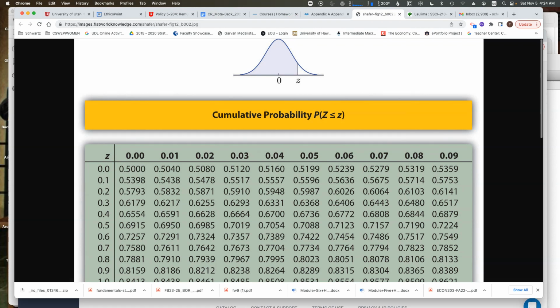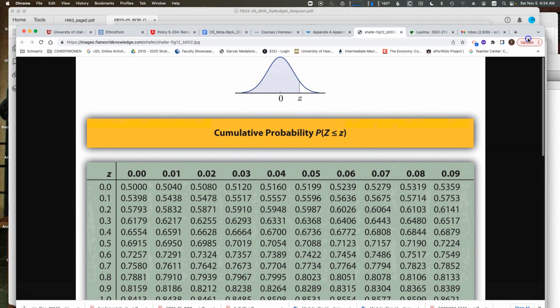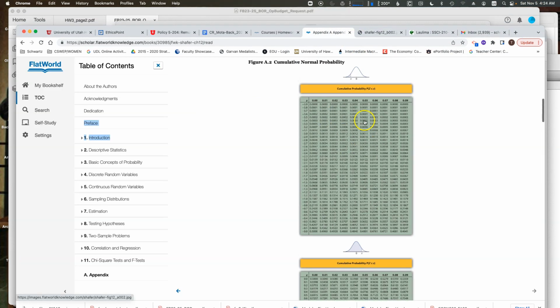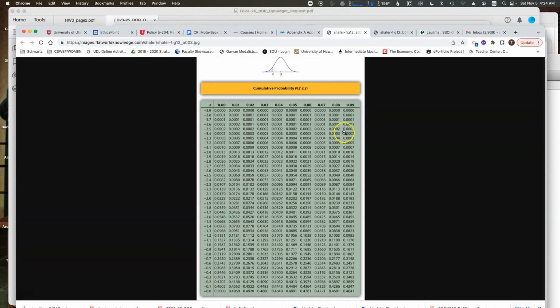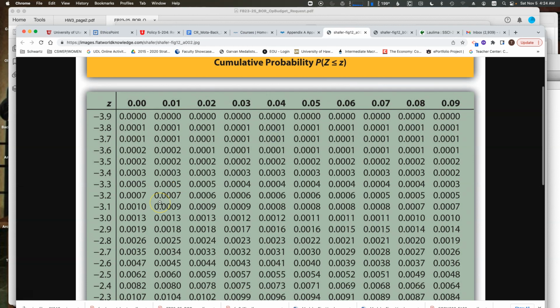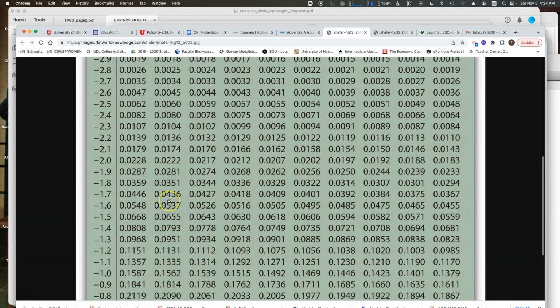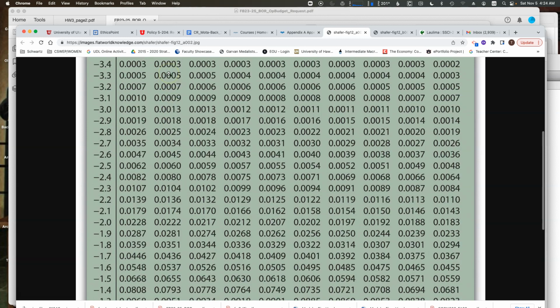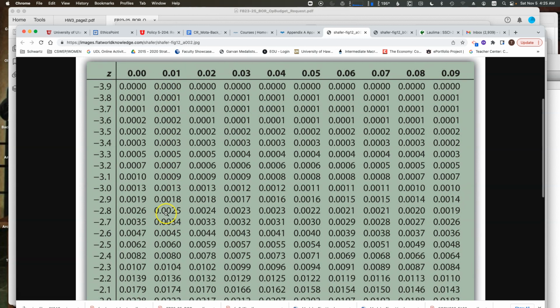So what we have to do here is find the value that's 0.0025. 0.0025 is right here. Okay, so that's negative 2.81. There's my z value, negative 2.81 for that 0.0025.